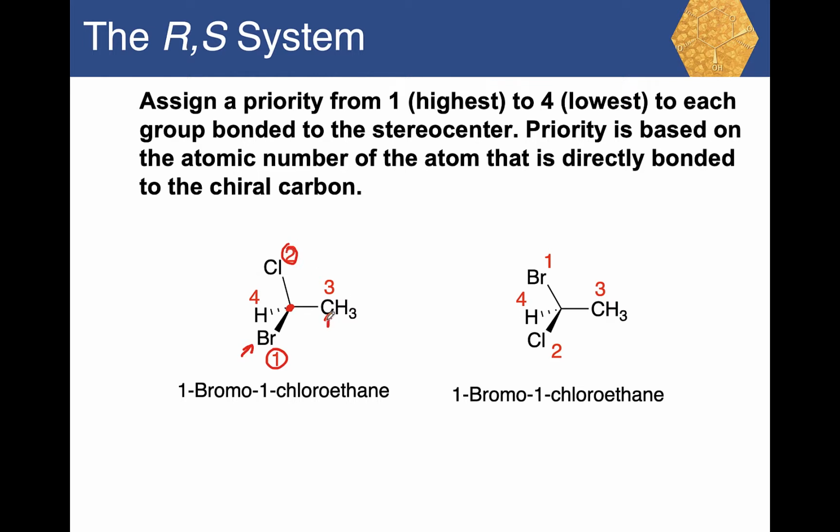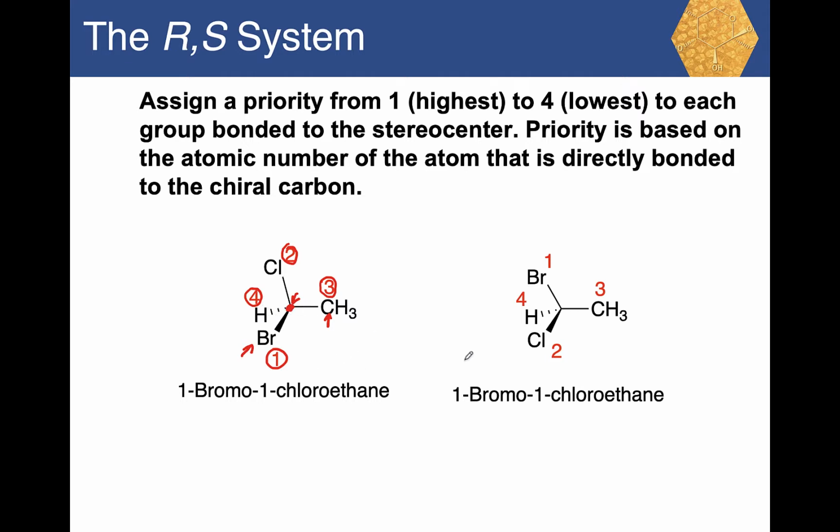Carbon has an atomic number of 6, so it gets number 3. Hydrogen, as you know, has an atomic number of 1, so it gets number 4. So once again, we assign priorities of the atoms that are directly bonded to this chiral center based on atomic number.